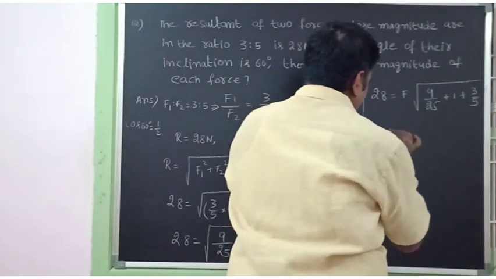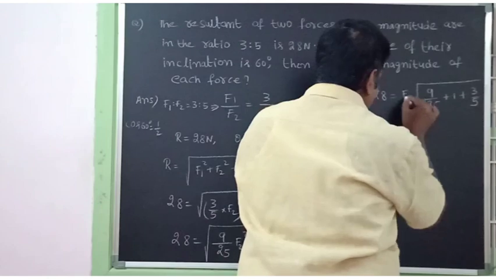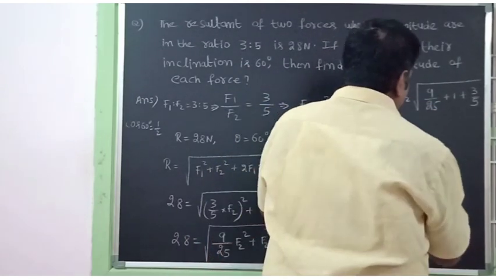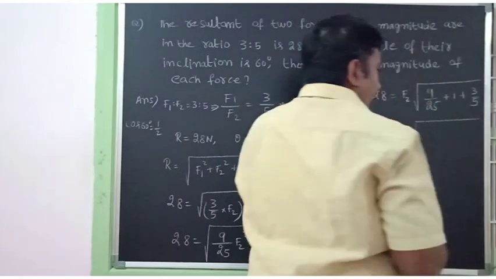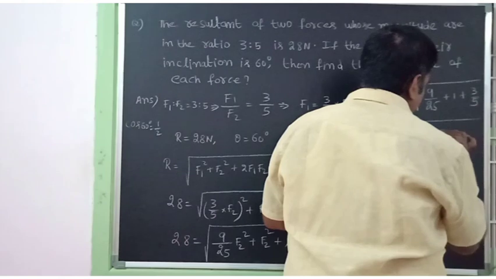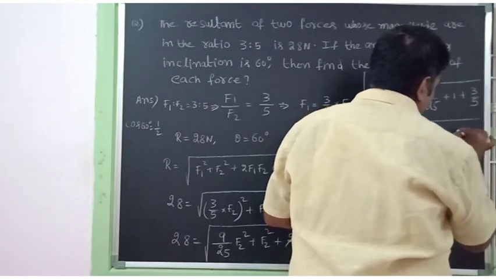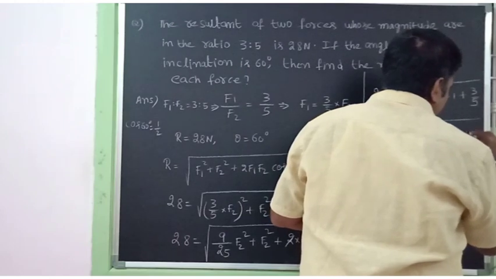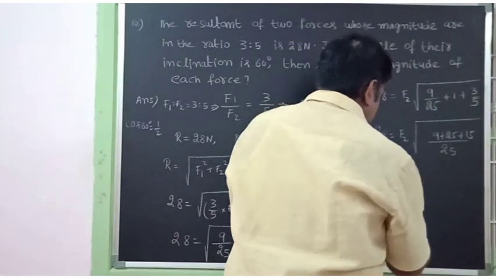So 28 is equal to F2 into the root of, by taking the LCM 25, that is 9 plus 25 plus 15, since 5 into 3 is 15.